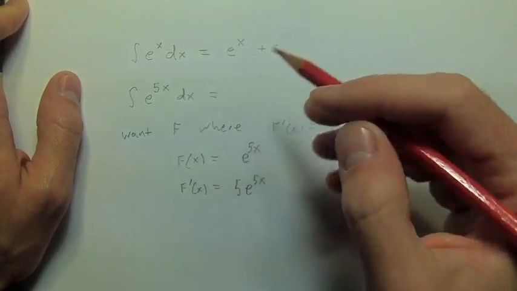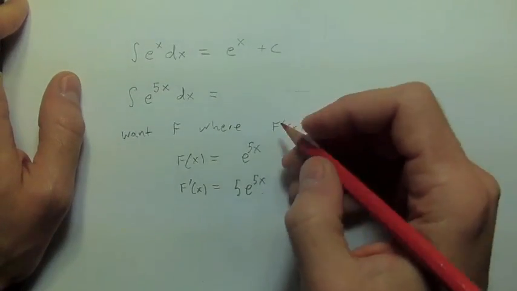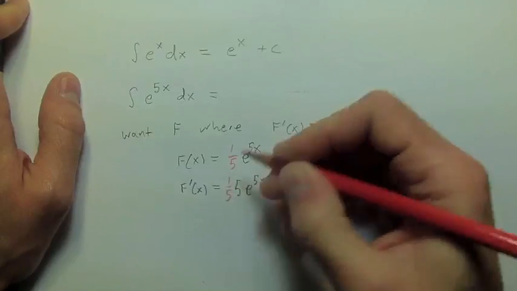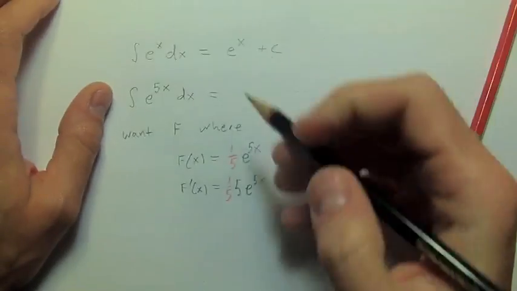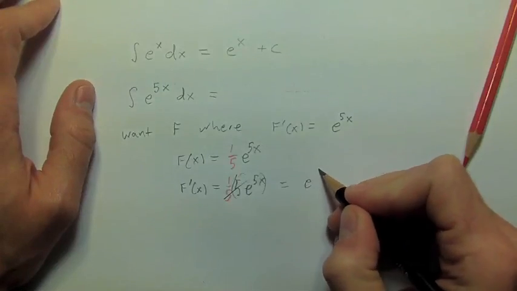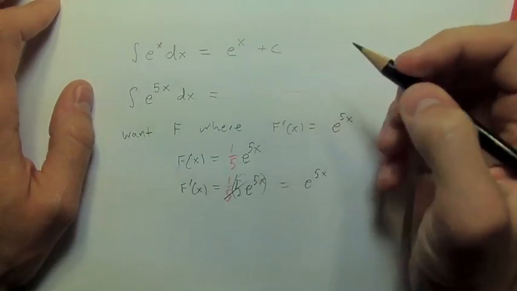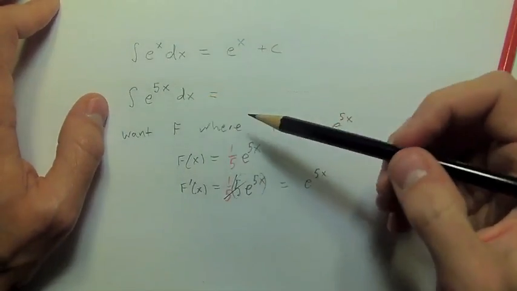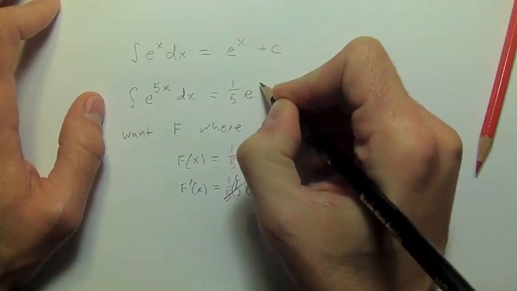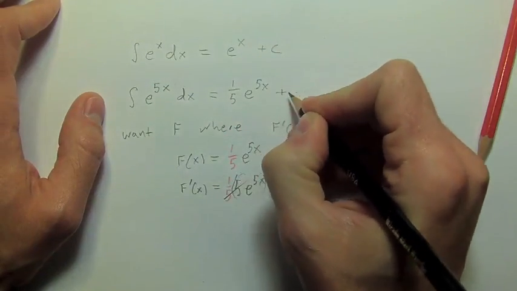So what we do is just like with the power rule, or x to a power, I'm going to throw in that 1/5. So it cancels, and we get e to the 5x. So the answer, the integral of e to the 5x, is 1/5 e to the 5x plus c.